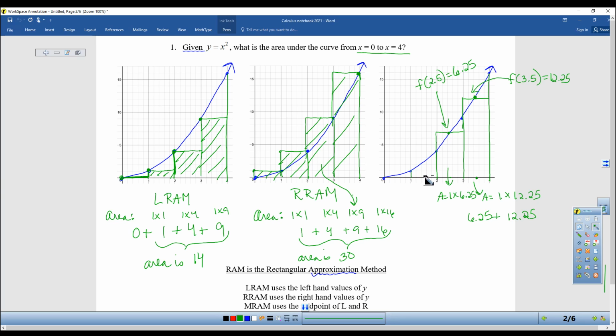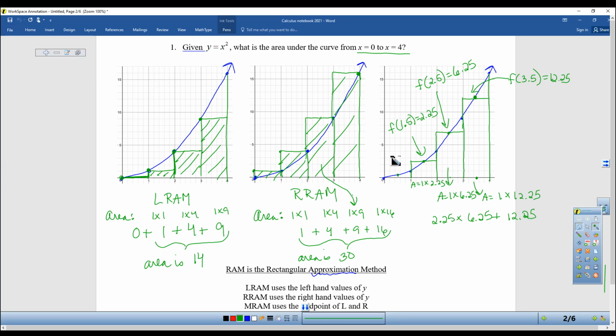Okay, are you with me? This next one, 1.5. And what is the function at 1.5? It's 2.25. Is this more work? Oh yeah, these were easy. These points were right on it, and I could see it at 4. It's up at 16. That's easy. But this is a little bit harder, but it's so much more accurate. So this area is 1 by 2.25.